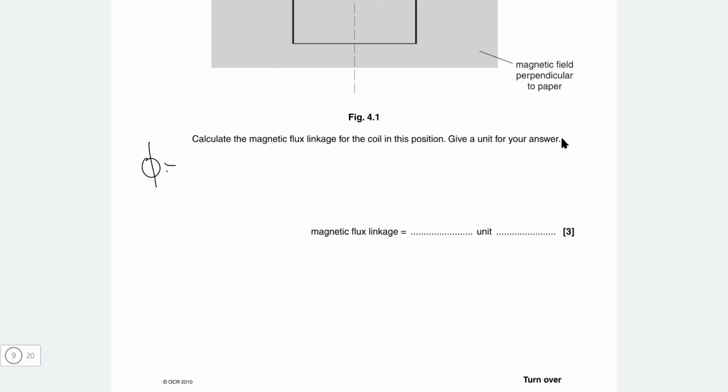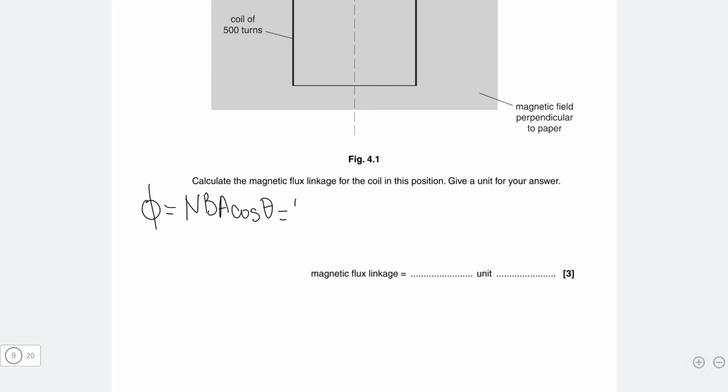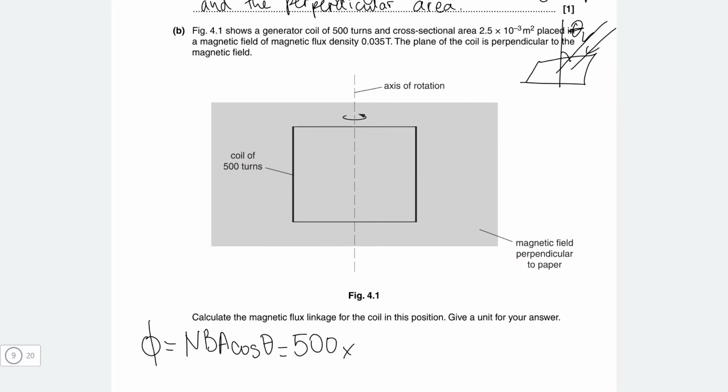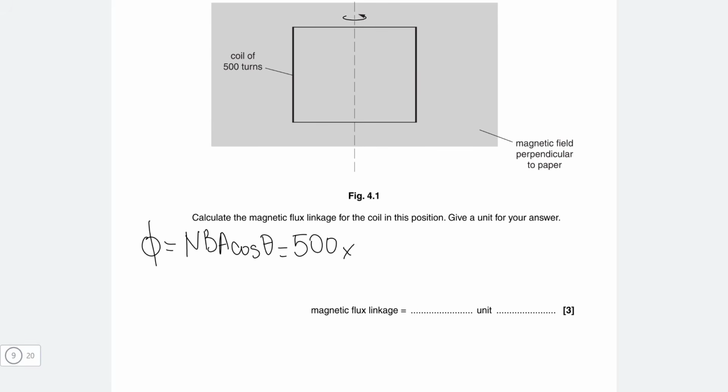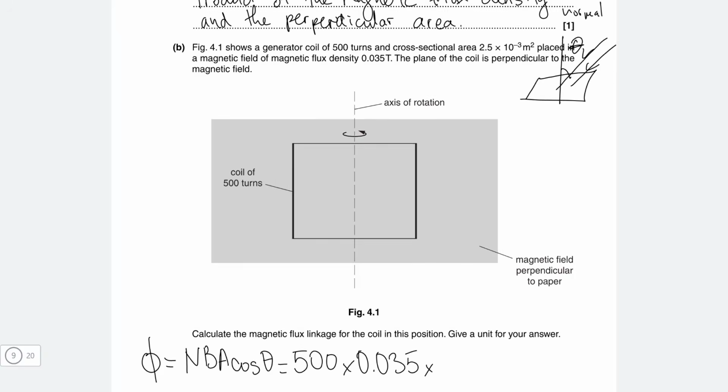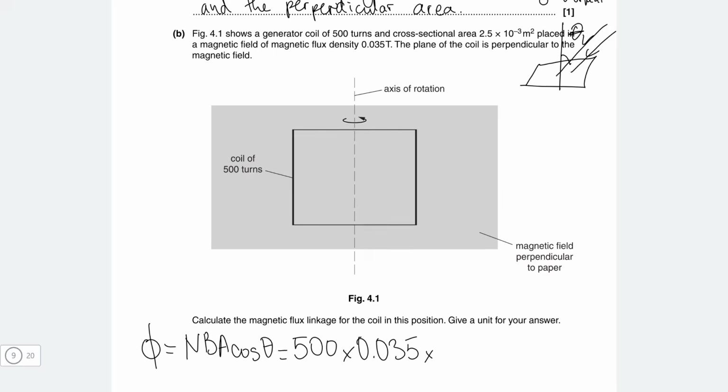So phi will be equal to NBA cos theta, which is going to equal N, which is 500, multiplied by B, which is 0.035, multiplied by the area, which is given as 2.5 times 10 to the power of -3.